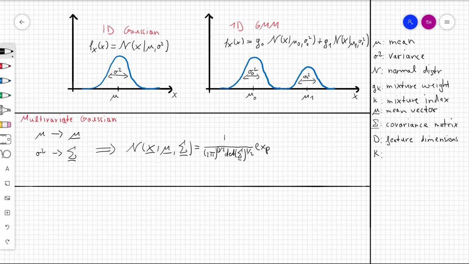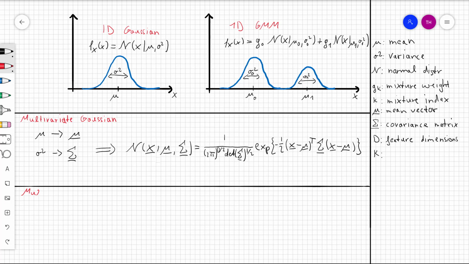And in the exponent of the exponential function is minus 1/2 times our vector x minus our vector mu. And this difference is transposed, multiplied against our inverse covariance matrix, which is multiplied with the difference vector x minus mu, but not transposed. And this is then the multivariate Gaussian distribution.